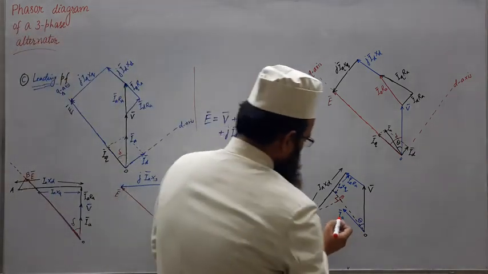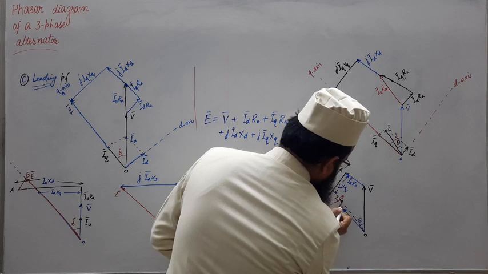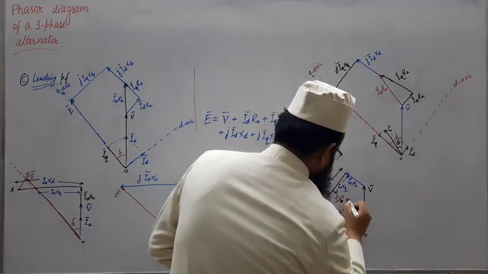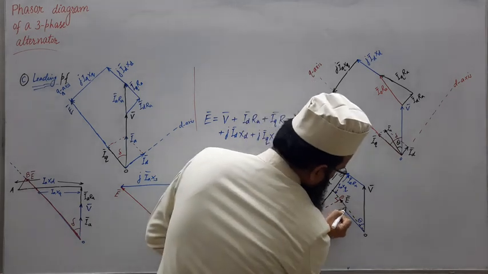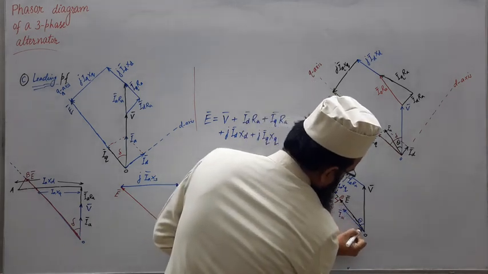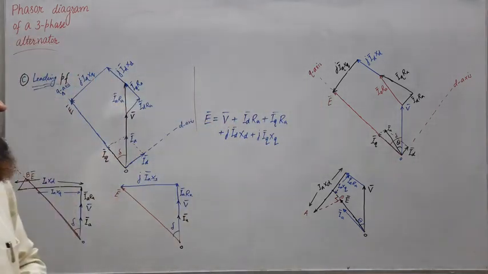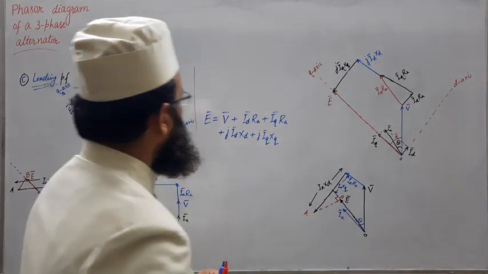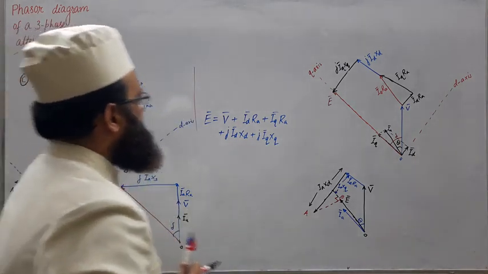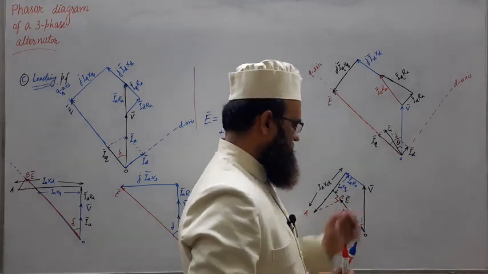So this gives our resultant phasor E. This OE is our resultant phasor E, which is nothing but the per phase induced EMF in the armature winding of a salient pole synchronous generator, OE.